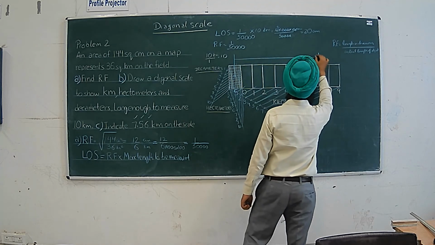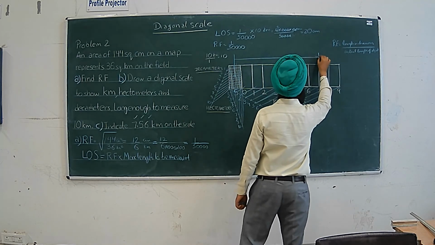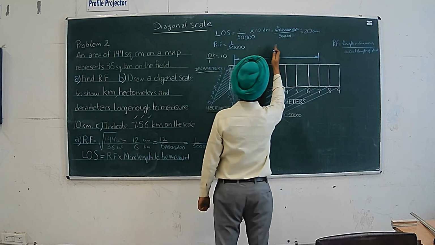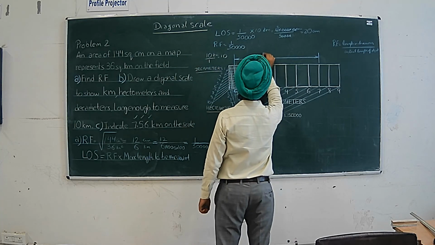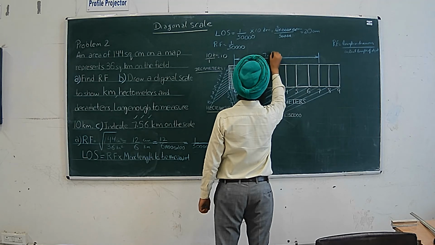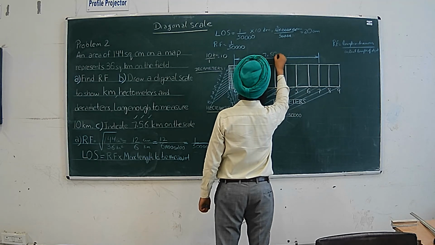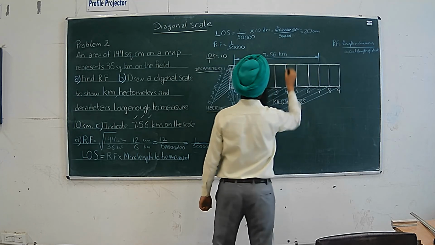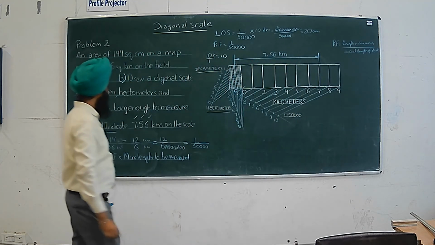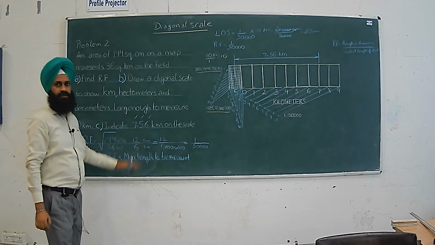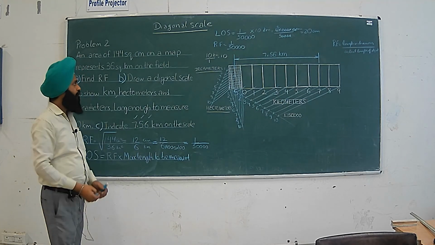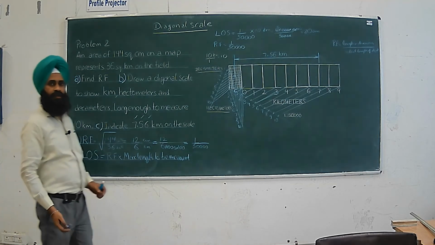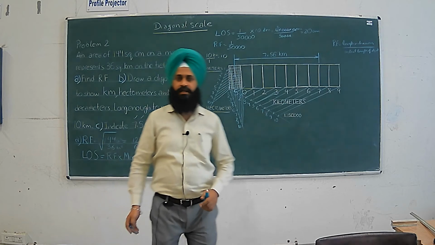Draw the dimension line, draw the arrows and write the dimension 7.56 kilometers. So this is our required indicated length.